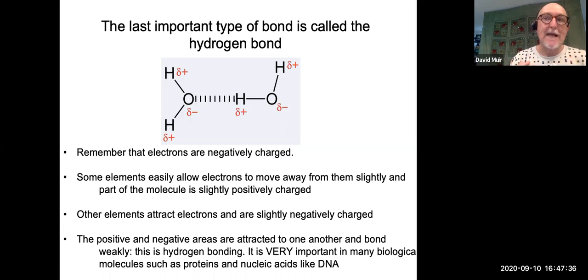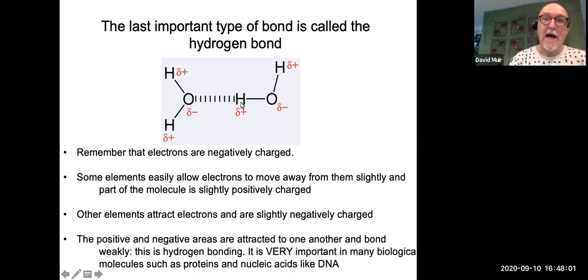It pulls electrons. So this bond here is actually a covalent bond. It's a very powerful, strong bond. It is very difficult to split water up. You have to put in a lot of energy to do it. So it's very difficult to break these bonds.